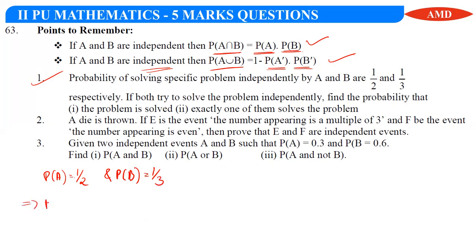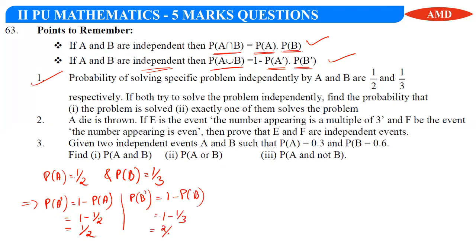This implies probability of A dash is what? A dash is 1 minus probability of A, which will be equal to again 1 by 2 itself, isn't it? Next, what is probability of B dash? B dash is nothing but 1 minus probability of B, which will be equal to 1 minus 1 by 3, that is nothing but 2 by 3.